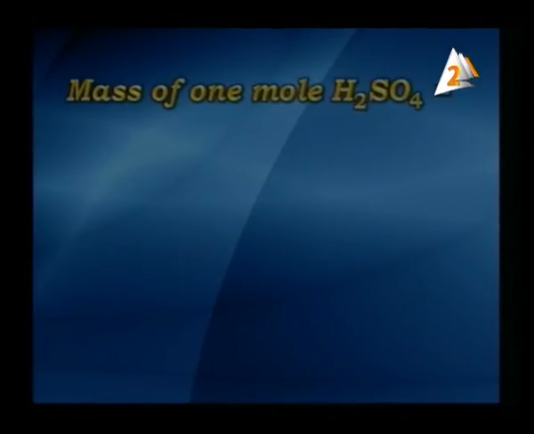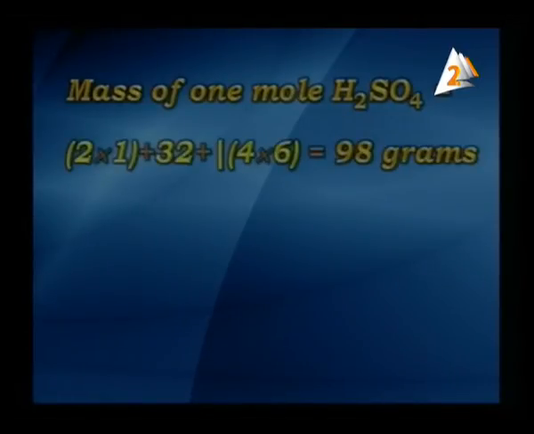So the mass of 1 mole of H2SO4 is calculated first: 2 times 1 for H2, plus 32 for 1 S, plus 4 times 16 for the oxygen. So the total is 98 grams for 1 mole of H2SO4.